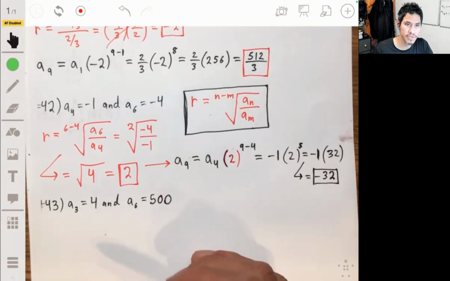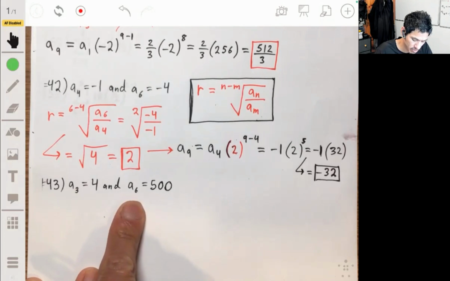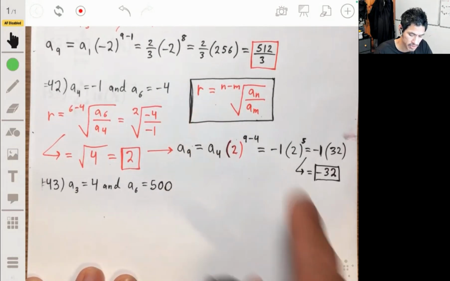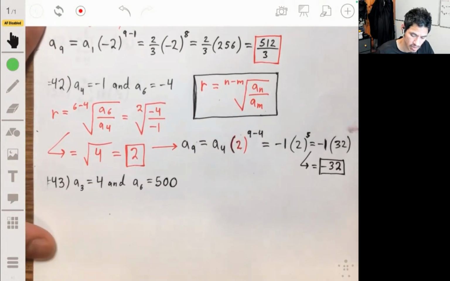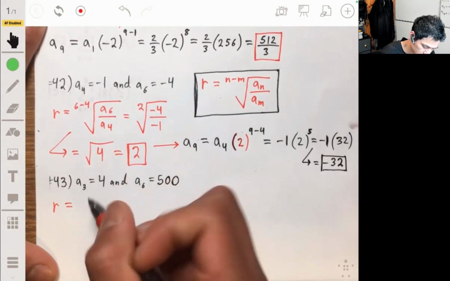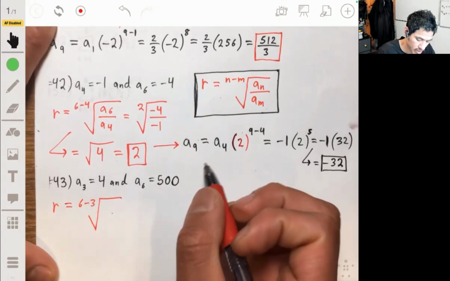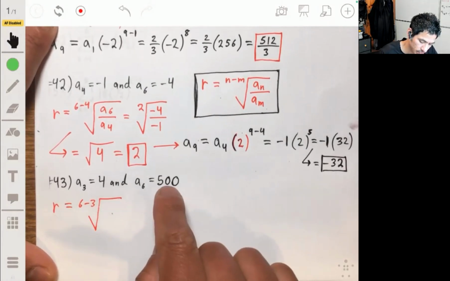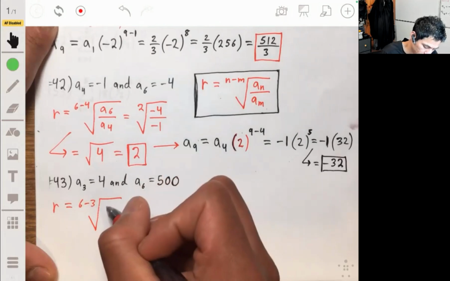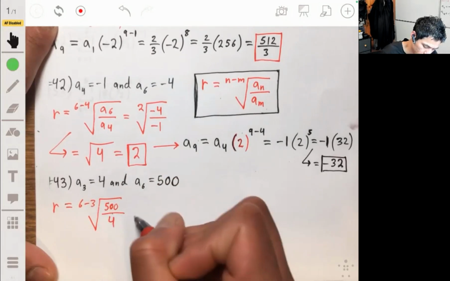All right, and one more of these. So again, we're not given two terms consecutively in a row. So we find the common ratio with this. So then r will be equal to the 6 minus third root of a6, or 500, over 4.